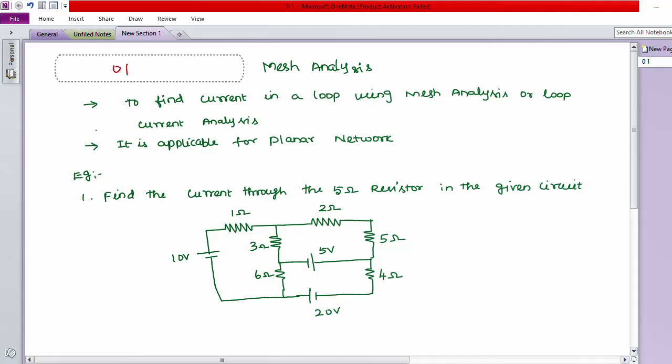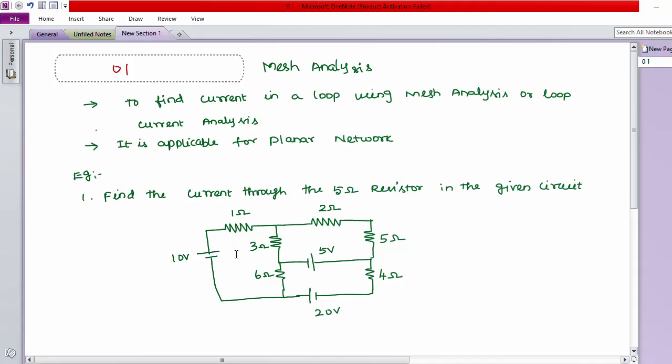For solving mesh analysis, we can take one small example. Find the current through 5 ohm resistor in the given circuit. Step 1. Here we have to identify the number of meshes. In the given circuit, we have 3 meshes.